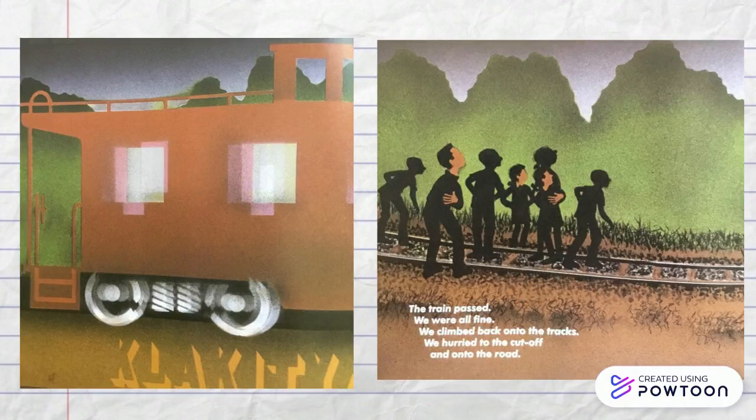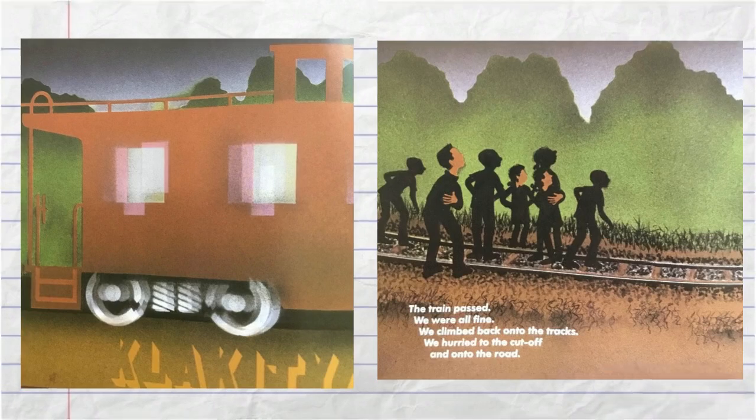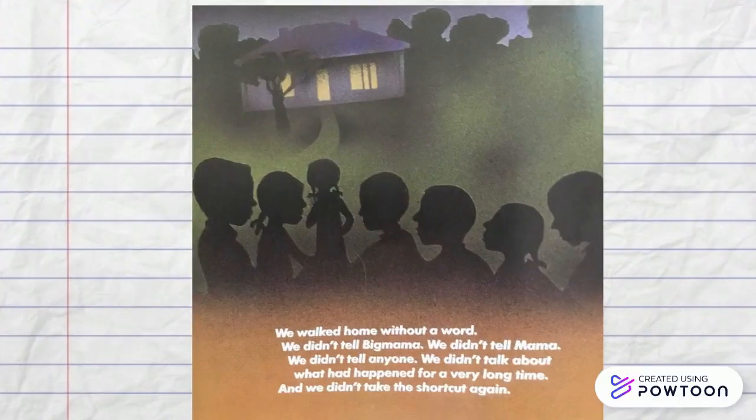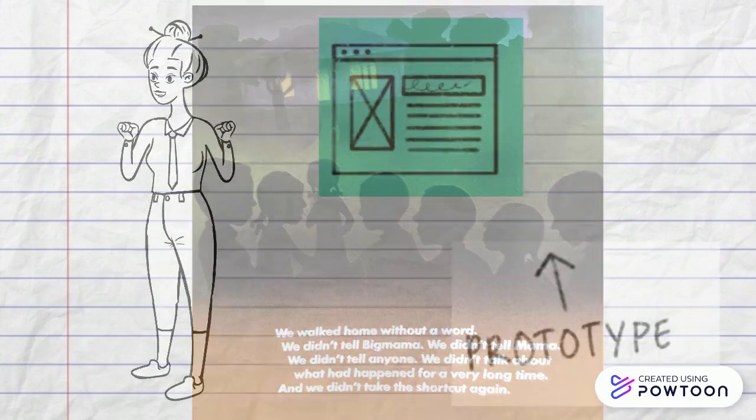We climbed back onto the tracks. We hurried to the cutoff and onto the road. We walked home without a word. We didn't tell Big Mama. We didn't tell Mama. We didn't tell anyone. We didn't talk about what happened for a very long time.